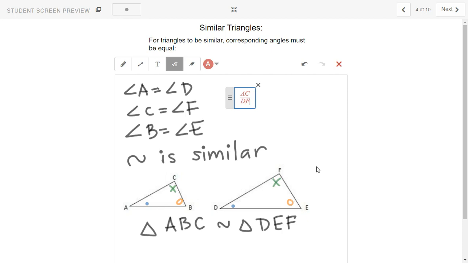AC over DF. And this is going to be equal to the ratio created by CB and FE. And all of that is also going to be equivalent to the ratio created by AB and DE.